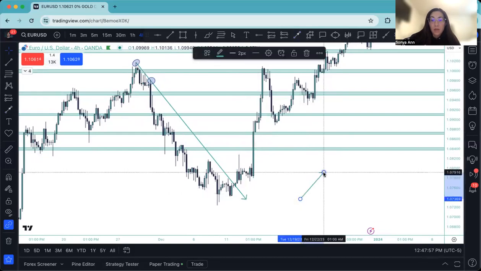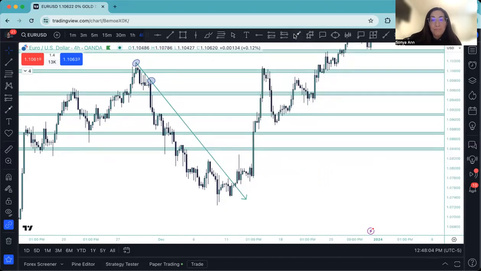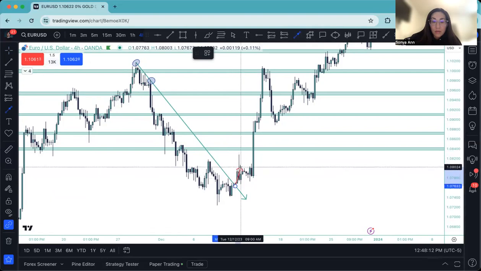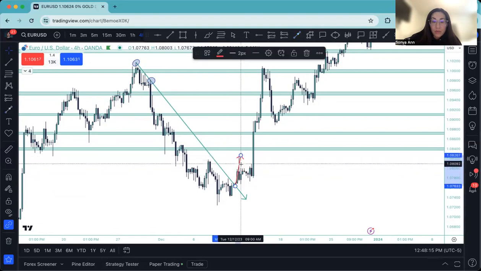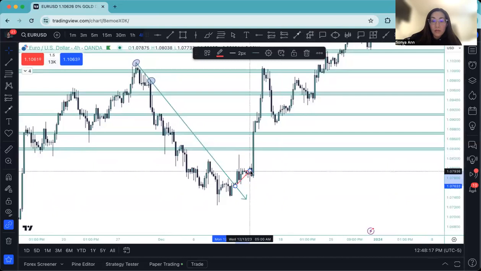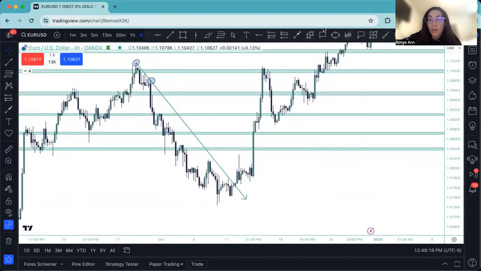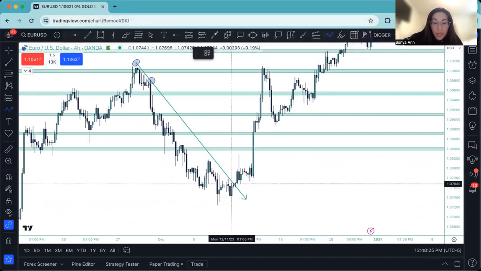Okay, so what I'm going to do is show you the break and retest. I'm going to use another color. So you see right here how it broke. It broke, it went up. Okay, so it broke right here.